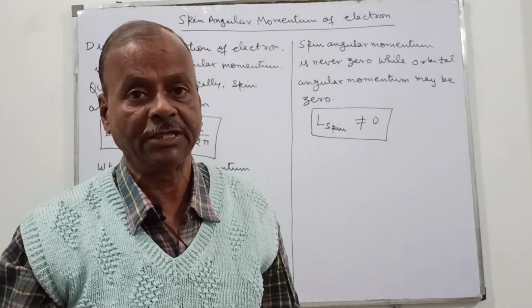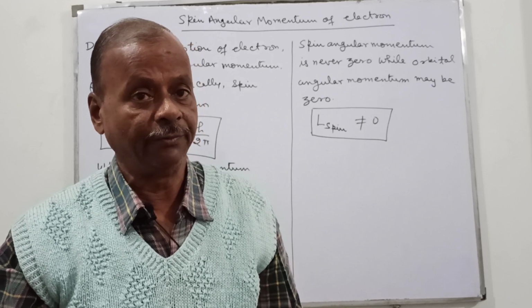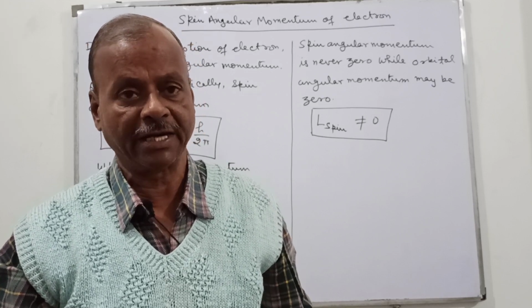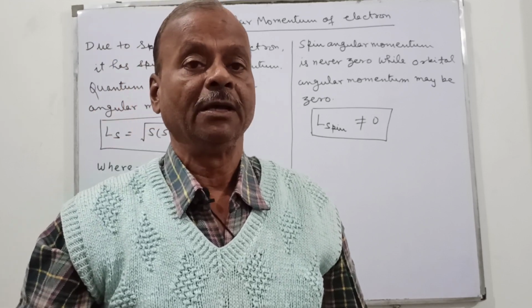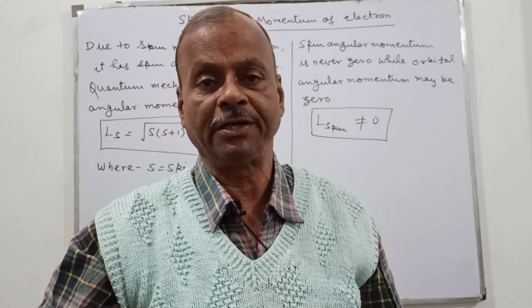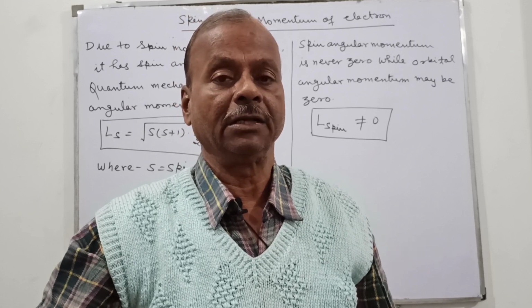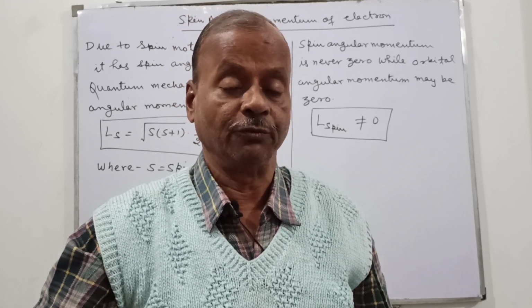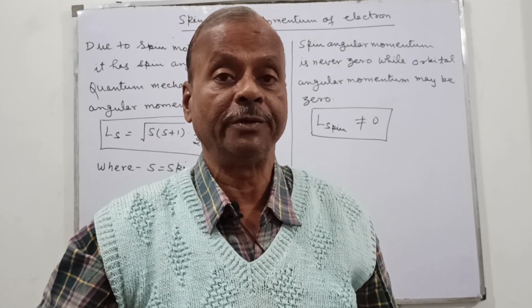So this spin motion is always half, and because of that, we are having this angular momentum. I told you that for s orbital electron, the orbital angular momentum is zero, but this spin angular momentum is not zero.